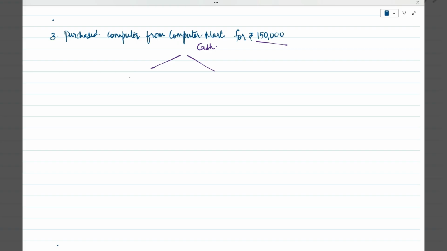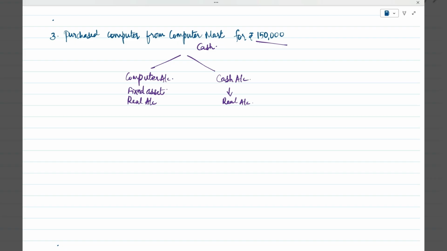One is computer account, which is a fixed asset, and the other is by payment of cash, so it is a cash account. Fixed asset is a real account. And cash is also a real account.